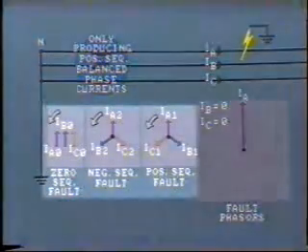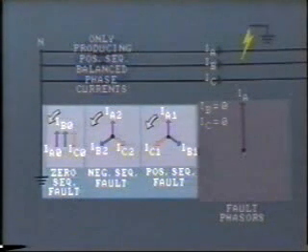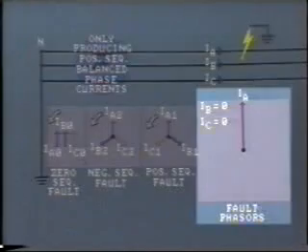Again, we have seen that the sum of the positive, negative, and zero sequence components for each phase add up to give us the actual fault values. So we now come to another very important conclusion, and that is where a ground fault exists, all 3 sets of symmetrical components are present.